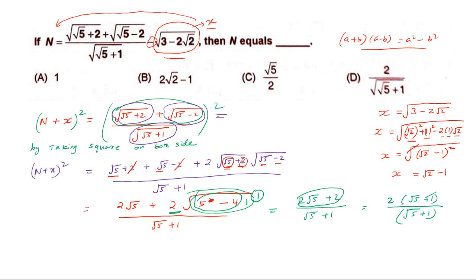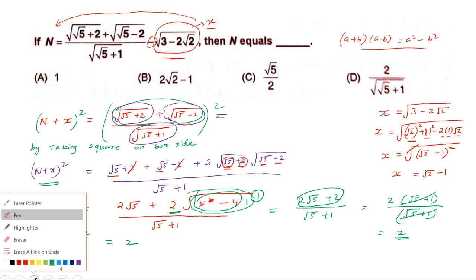In the numerator root 5 plus 1 and in the denominator root 5 plus 1 we can cancel. By cancelling this one, we are getting the answer as 2. So this value is n plus x. On the left hand side, n plus x whole square is equal to 2.